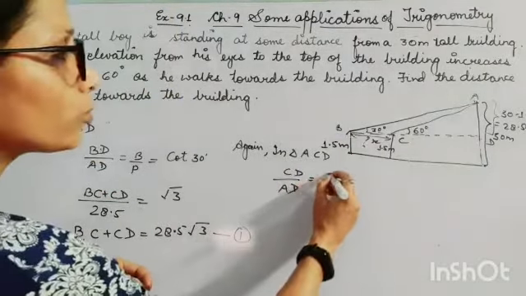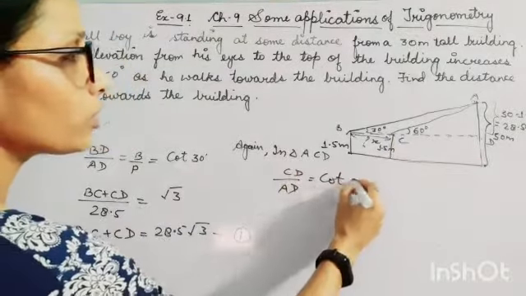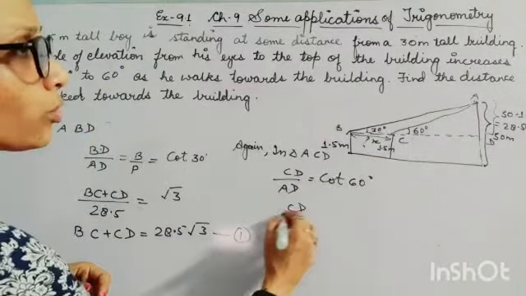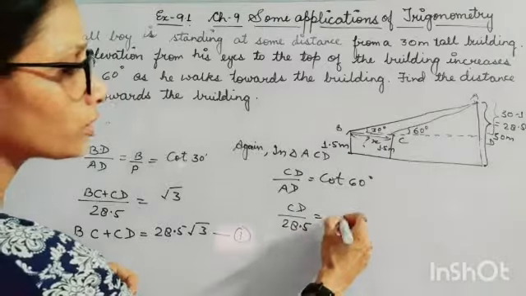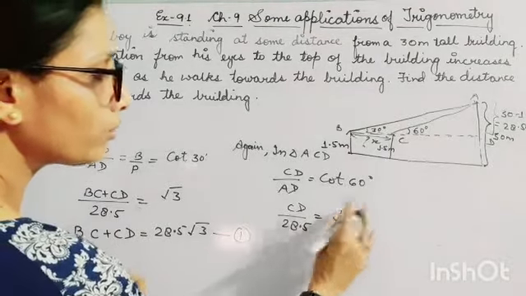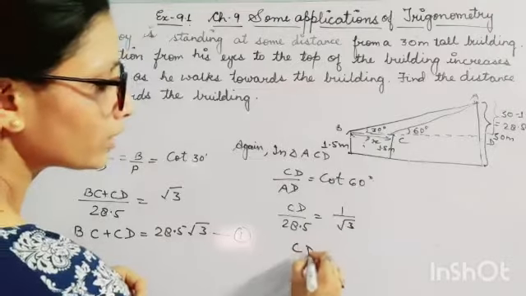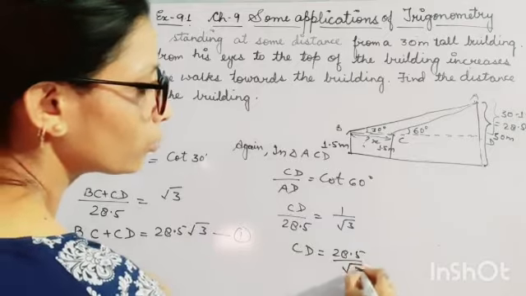And this is equal to, again I am taking CD as your base and this is your perpendicular, so it will be cot 60 degrees. What is CD over here? I don't know. What is your AD? This is 28.5. And what is your cot 60 degrees? It is just 1 by root 3. Or I can say CD equals 28.5 upon root 3.